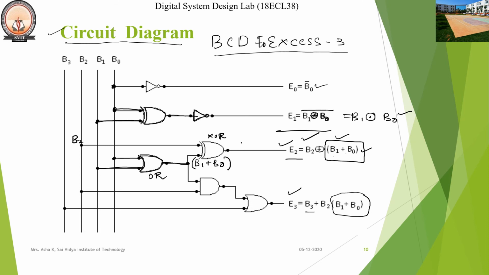Next, choose this B2 bit from here and perform the AND operation of B1 plus B0 with the B2 bit. Consider the B3 bit, and perform the OR operation of the B3 bit with this particular term, that is B2 dot B1 plus B0.